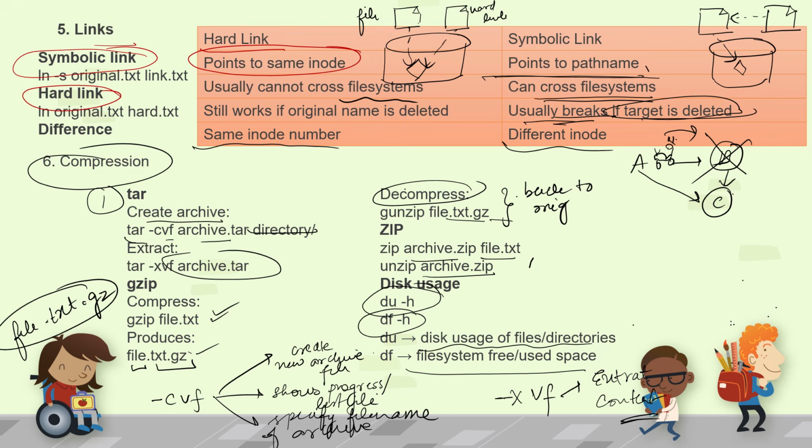The zip utility is basically used to compress file.txt into your new archive.zip. Unzip is used to extract.